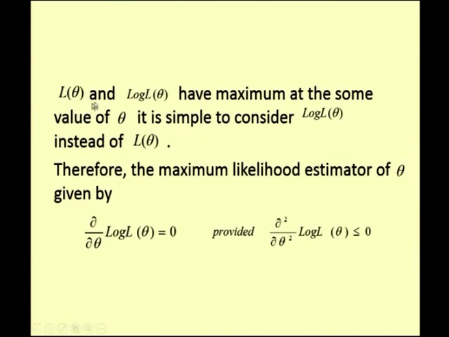We know that L of theta and log of L of theta have the maximum at the same value of theta. Therefore, it is simpler to consider log of L of theta instead of L of theta. Therefore, the maximum likelihood estimator of theta is given by the equation dou by dou theta log of L of theta equal to 0, provided dou squared by dou theta squared log L of theta is less than 0. Let us see how to find the maximum likelihood estimator for any given density function.